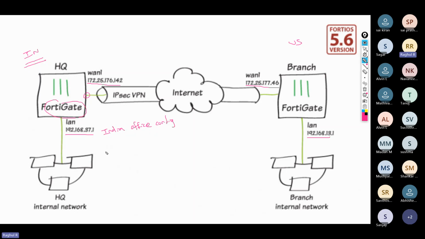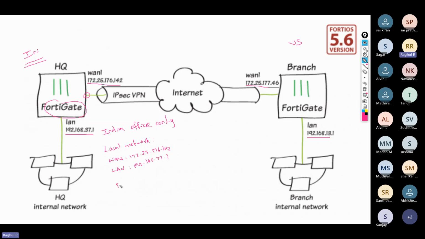We have two things: the local network and the remote. Your local WAN will be 172.25.176.142, and the LAN 192.168.37.1.